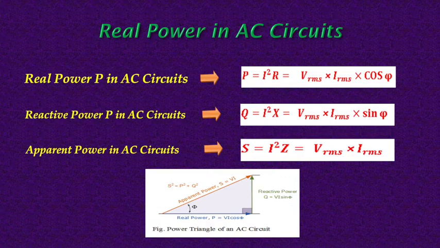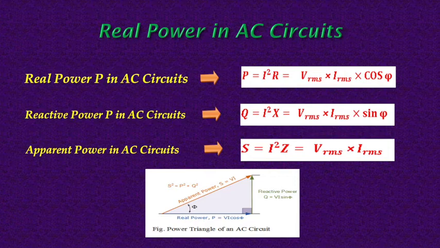The next is reactive power in an AC circuit. Sometimes it is called wattless power. It is the power consumed in an AC circuit that does not perform any useful work but has a big effect on the phase shift between the voltage and current waveform.